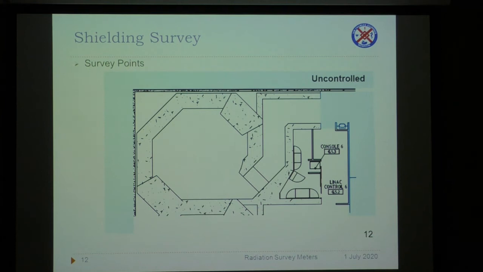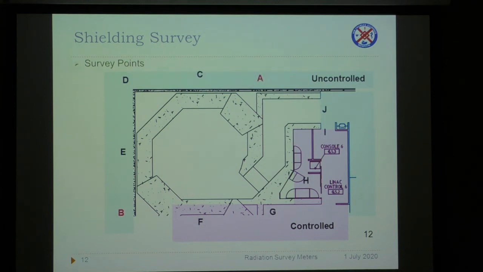Uncontrolled areas are where anyone can be, so any member of the public can walk around in those areas. That's where you set your dose limit to 1 millisievert per year. Controlled areas are where only staff or patients being treated are, such as the adjacent bunker, the maze, and your control room. There's very limited access in these areas.